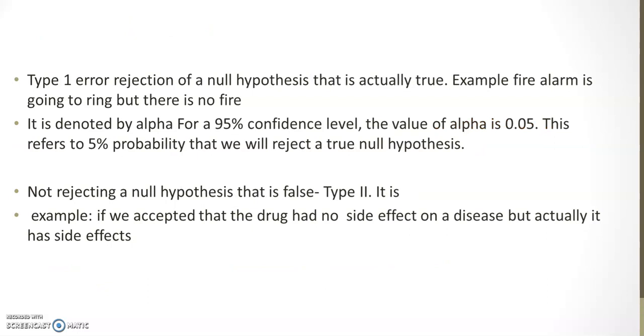I would like to share a small example for type 1 error. The research question is: is the earth at the center of the universe? Based on this research question, the researcher has formulated the null and alternative hypotheses. The null hypothesis says that the earth is not at the center of the universe.